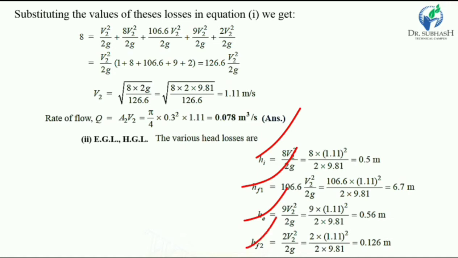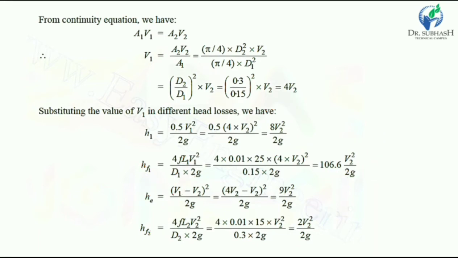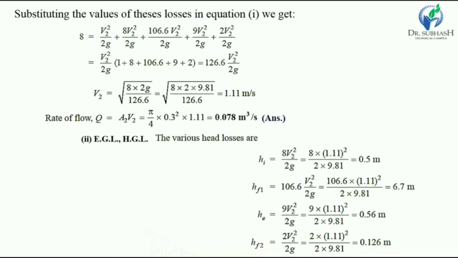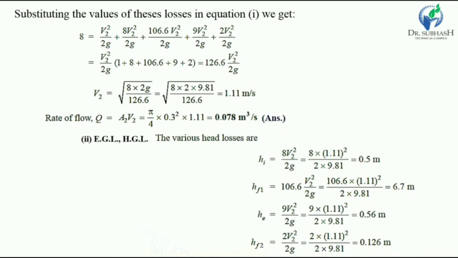Now we have the value of V2, so put the value of V2 in the above equation, and finally we get the values of all the head losses: head loss due to the inlet, head loss due to friction at section 1, head loss due to sudden enlargement, and last, the head loss due to friction at section 2 of the pipe. So we find all the values here by putting the value of V2 in the earlier equations.